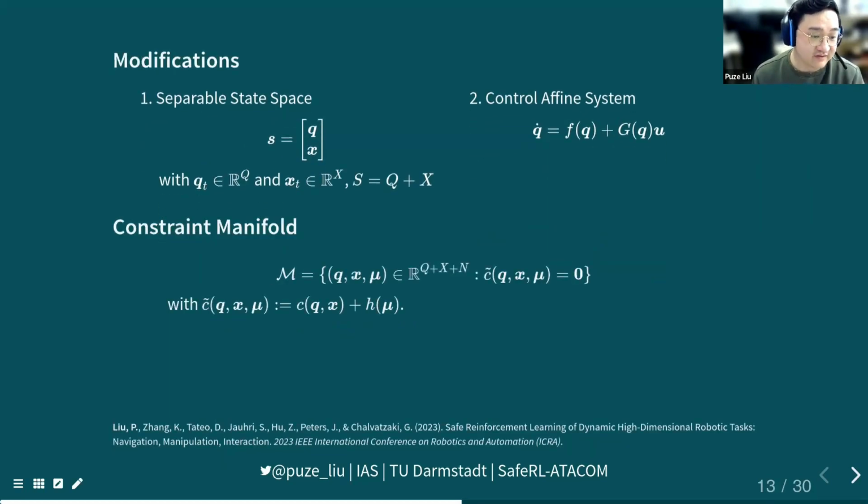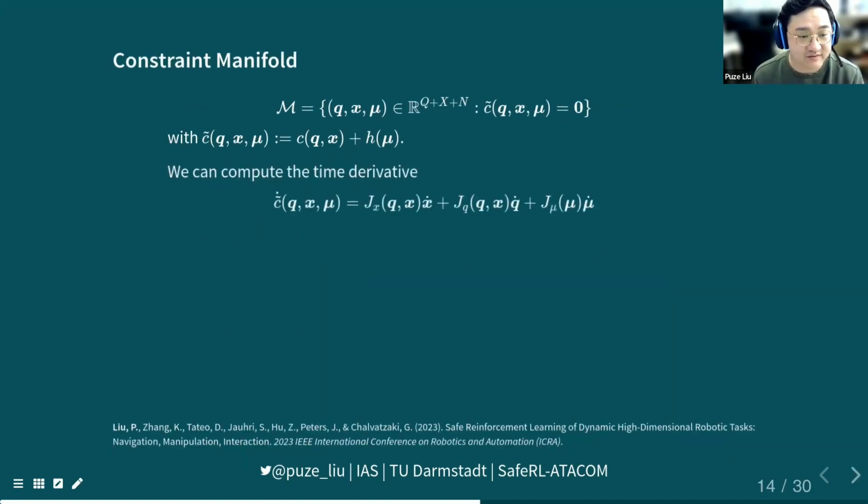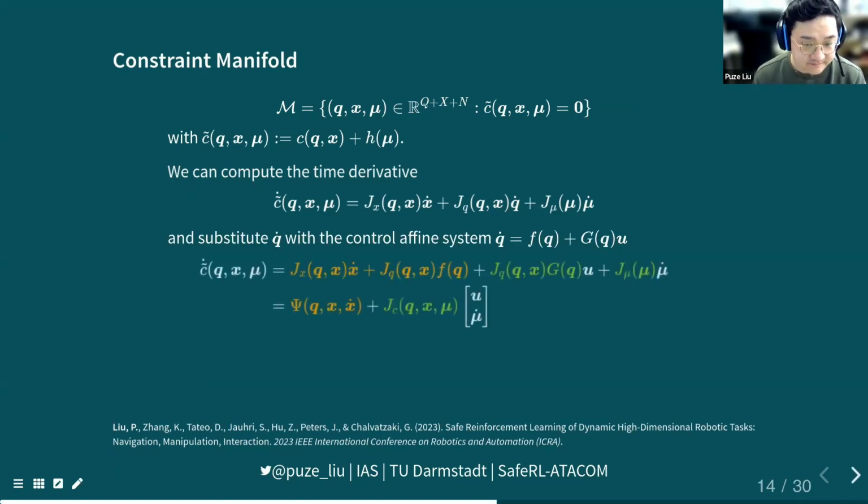Therefore, we have a slightly different construction of the constraint manifold, which considers the input in this scenario. We can also compute the time derivative of the constraint function, which comes to three terms in total. The first terms involve the Jacobians J_X and J_Q, the partial derivatives of the constraints, with different velocities for different terms.